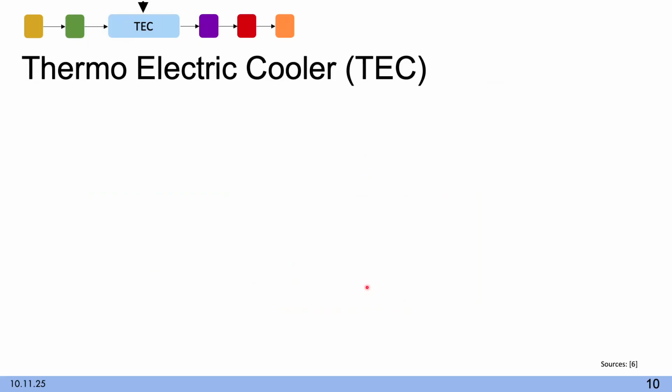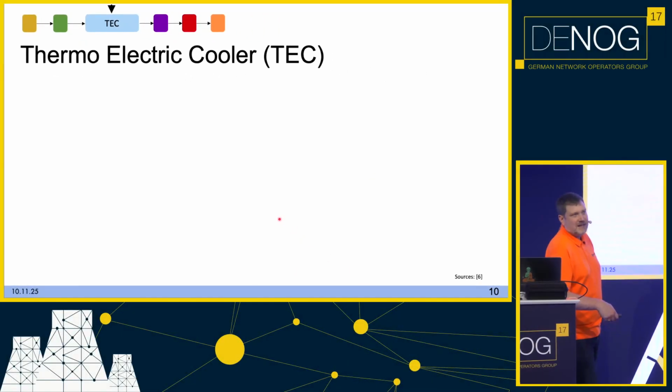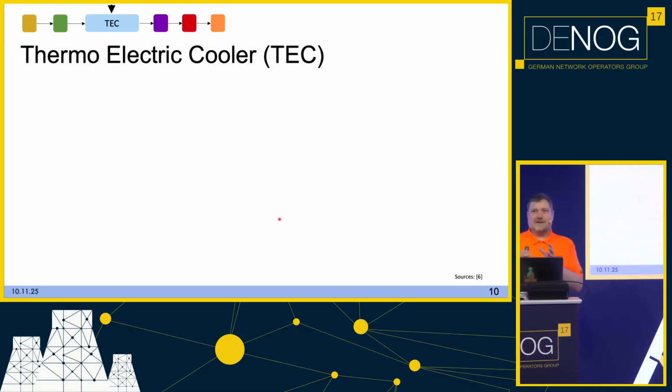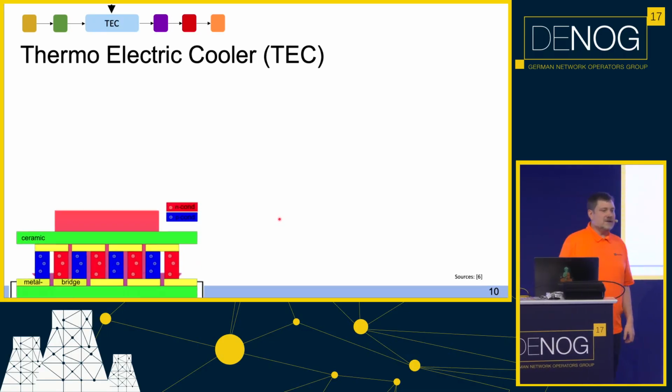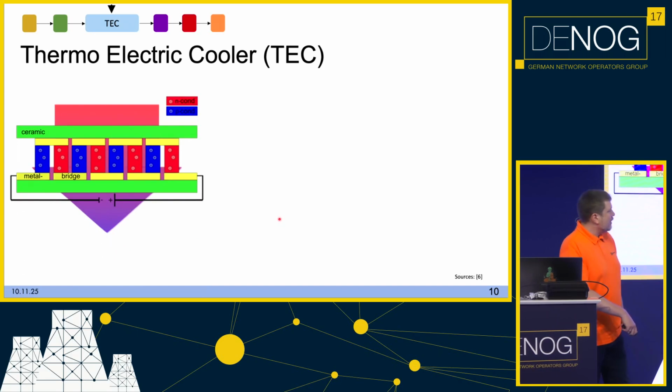Let's talk about the thermoelectric cooler, because when I hear air conditioner and cooling, stuff like that, it requires a lot of energy to carry out heat-related energy. So I wanted to look into this element, and how does it work?